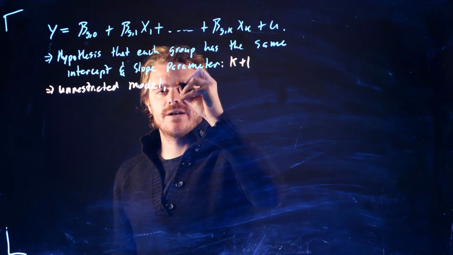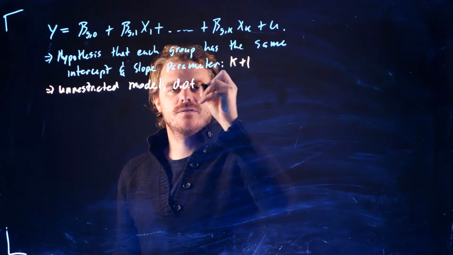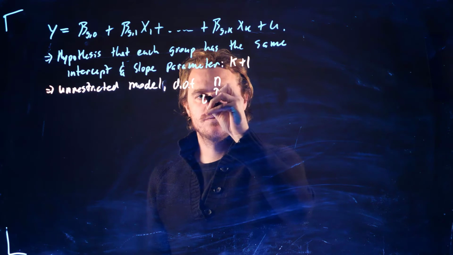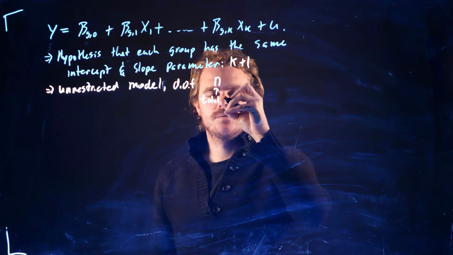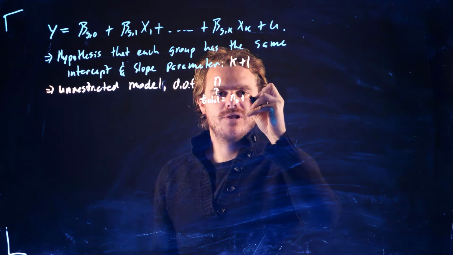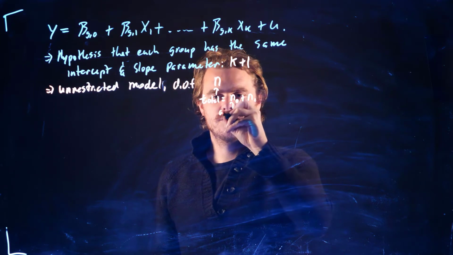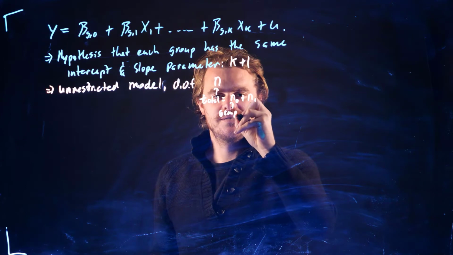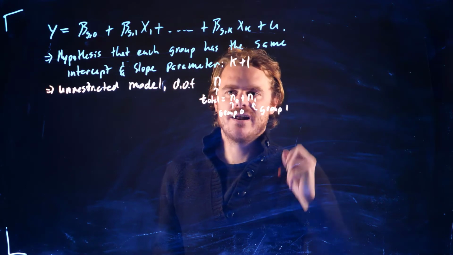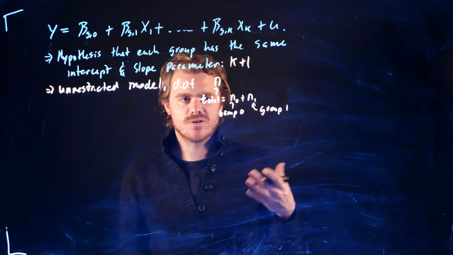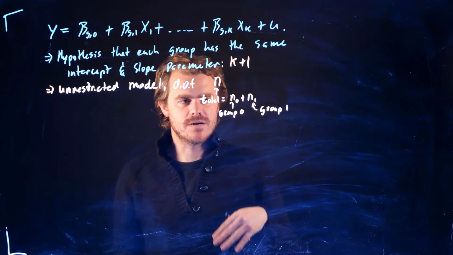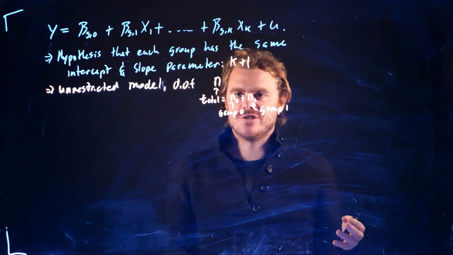The degrees of freedom for that model is going to be based on n, the total, like maybe n0 plus n1, so group 0 and group 1, the number of observations in each of the groups added up. Let's say that's what we're denoting n here. N0 is the number of observations in group 0, N1 is the number of observations in group 1.